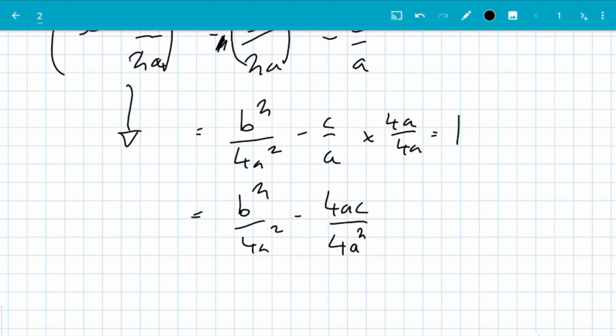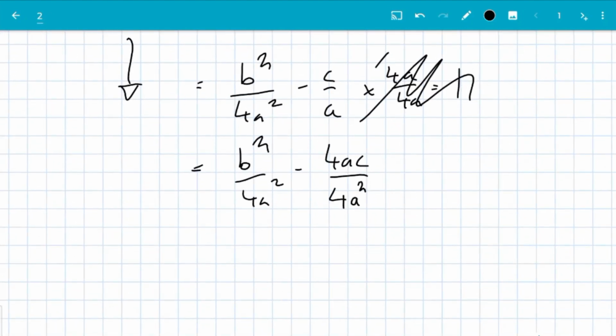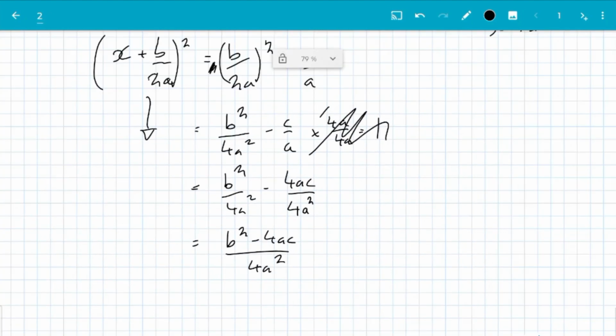And you can times anything by 1, obviously, because it keeps it the same. So b squared over 4a squared minus 4ac over 4a squared, we can collect these terms together. Boom. And now we have this on the left hand side.